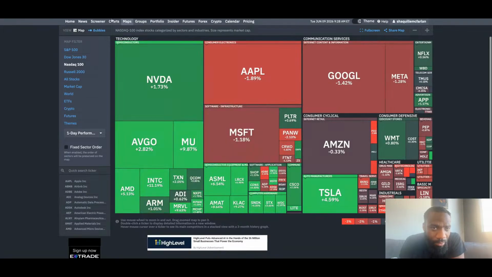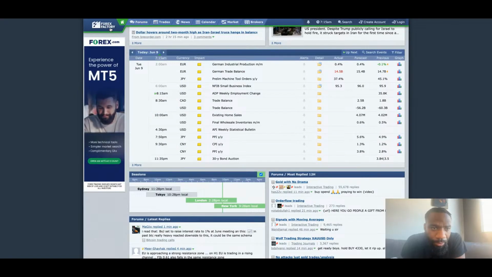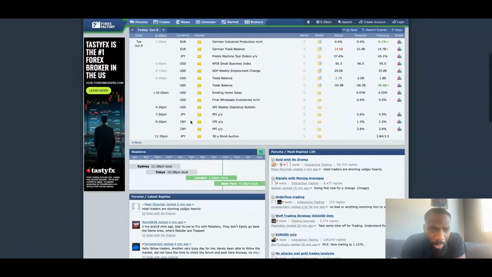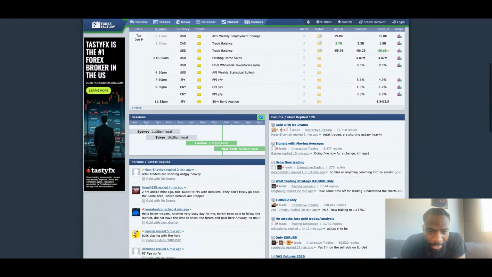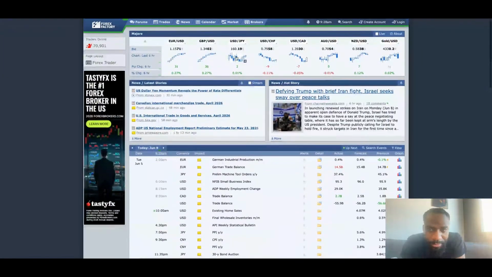So no bias as of yet, whether it's going to be buys or sells. We don't have no news today. We got a yellow folder at 10, but can't see it really affecting the market too crazy.